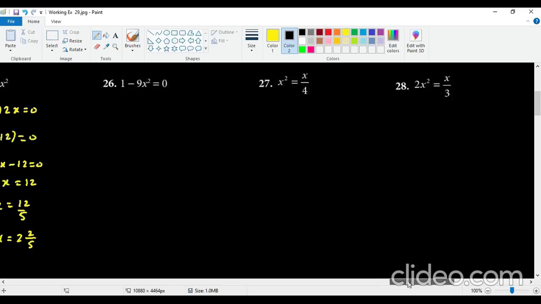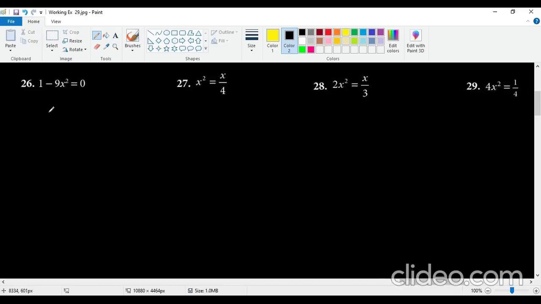When it comes to question number 26, I can take both the values on the other side and make it 9x square minus 1. So I can rewrite this as (3x) whole square minus 1 square. So it's a difference of squares. So I will write (3x plus 1)(3x minus 1).